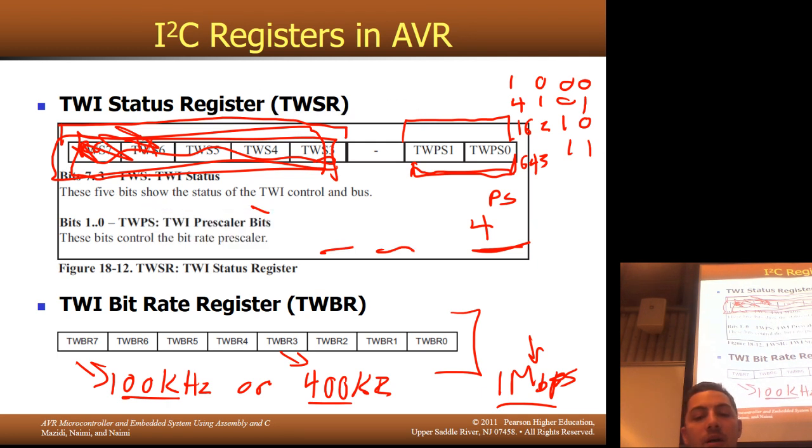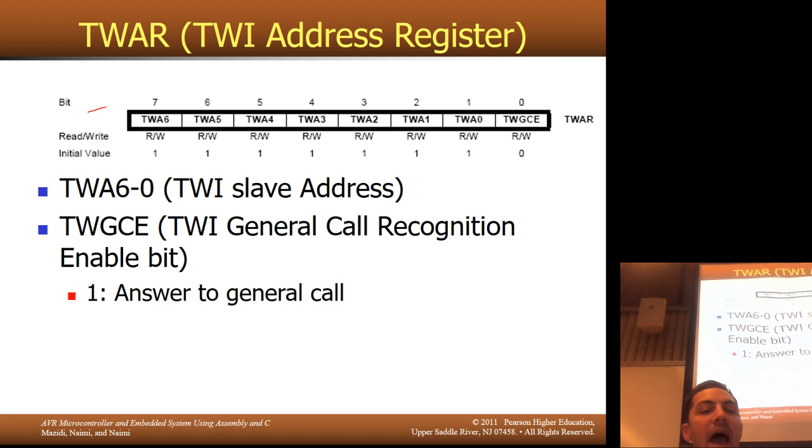Okay. The address register, TWAR, just says, hey, what is your 7-bit address? And do you answer to a general call? General call is the idea that there's one address reserved for talking to everybody at once. And do you want to actually answer to that?